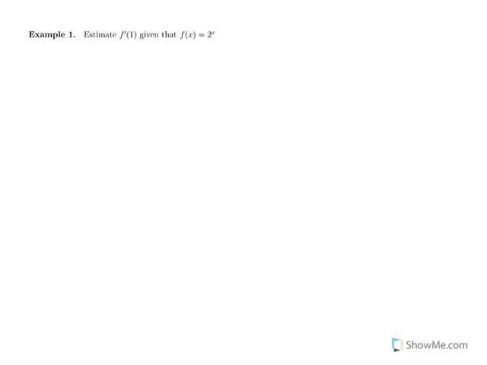So first example, estimate f prime of 1 given that f of x equals 2 to the x. One reason that we're going to estimate this is that finding the limit, the actual definition of f prime of 1, that is the limit as h approaches 0 of f of 1 plus h minus f of 1 over h, is difficult algebraically.